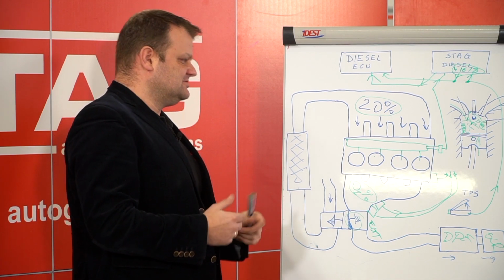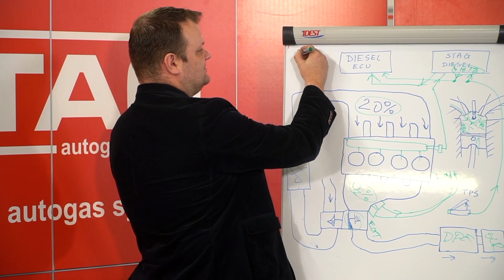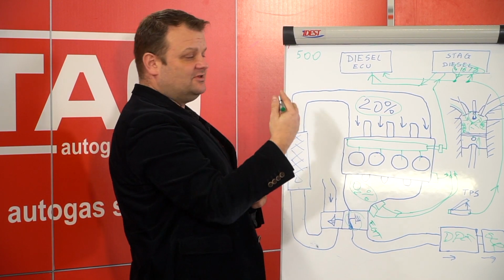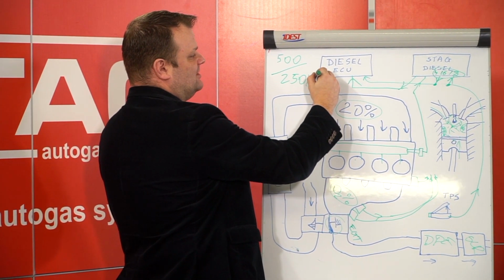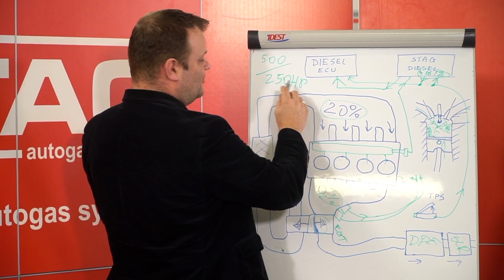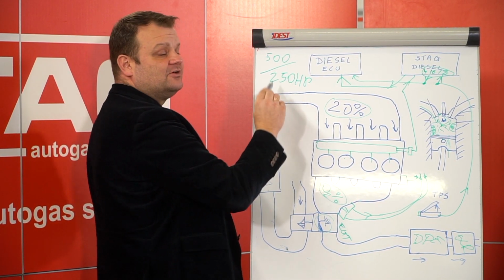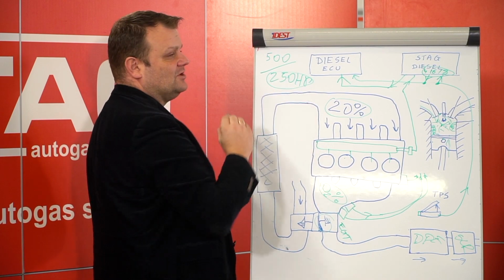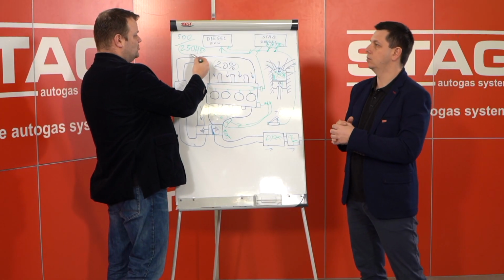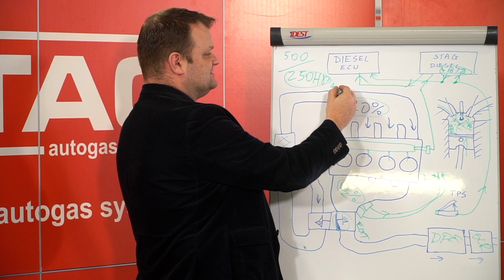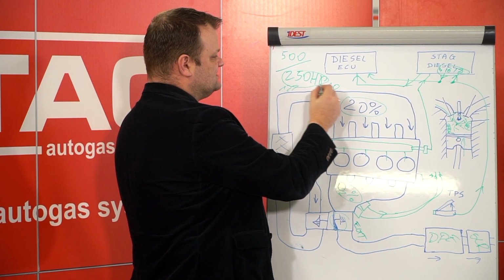If the engine is 500 horsepower, we need to deliver 250. What does it mean for us? We need to handle 4, 6, or 8 injectors with enough flow to handle those 250. If we choose the 4-cylinder STAG Diesel, we should have around 70 horsepower per injector, or this will be 120, lower.